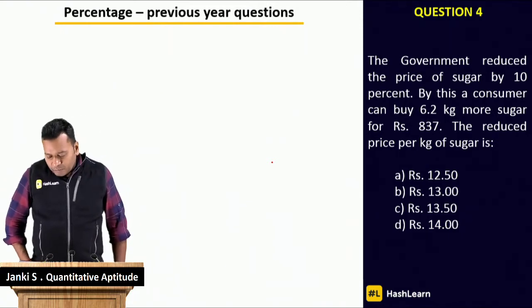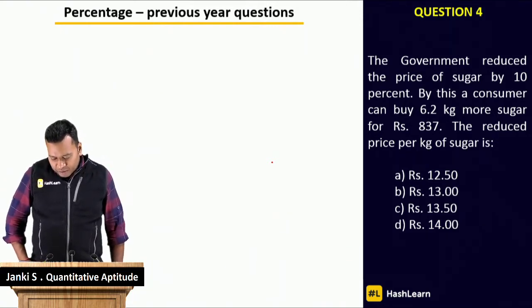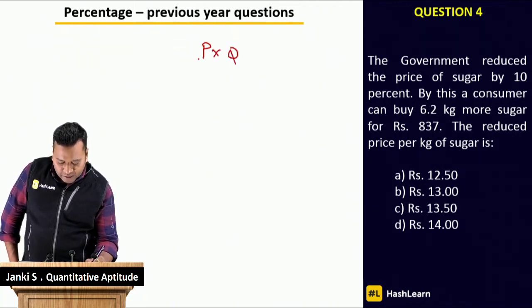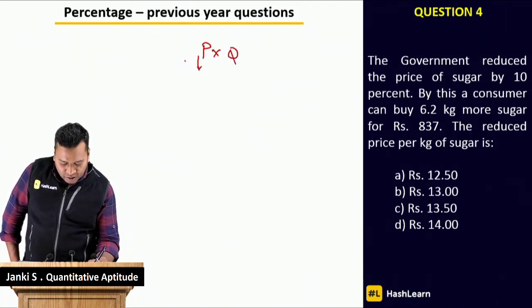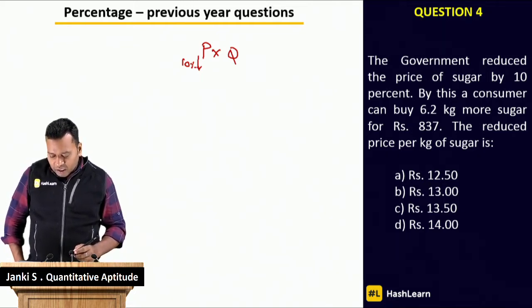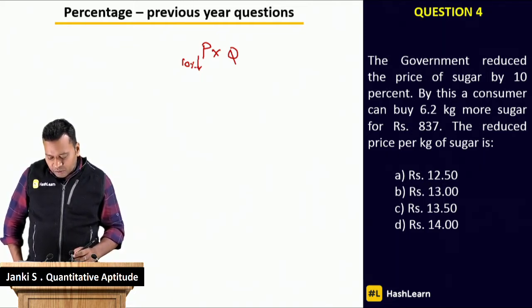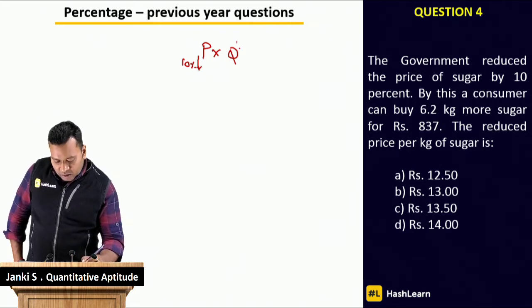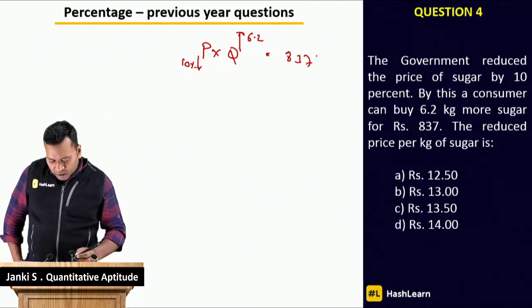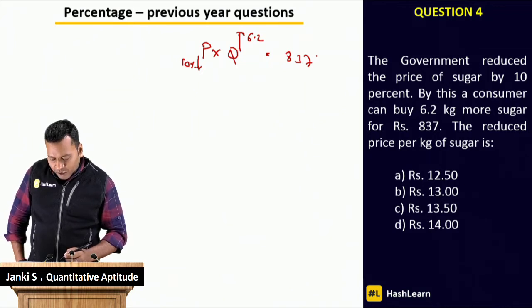The government reduced the price of sugar by 10%. So again price and the quantity, right? So price is reduced by 10%. Have a reduction of 10%. By this a customer can buy 6.2 kg more for the amount 837, the reduced price per kg of sugar.